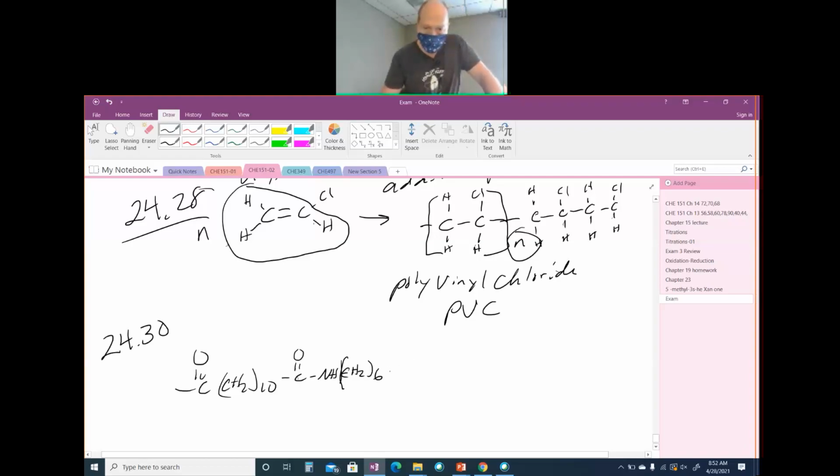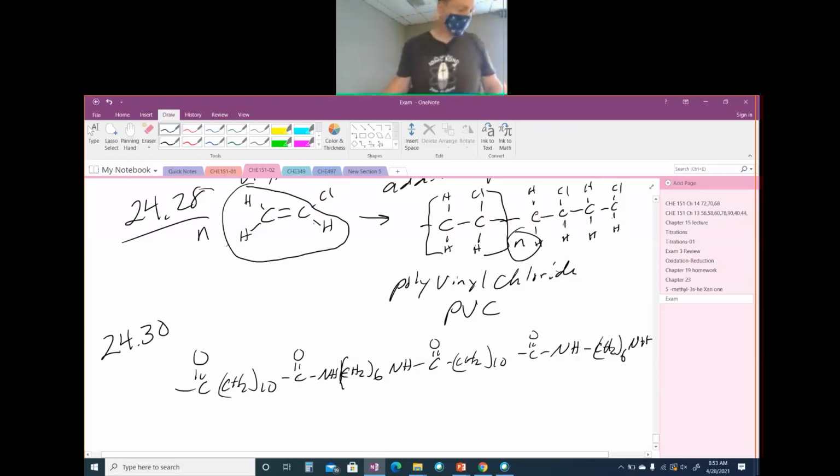And then another NH, and then a C double bond O, CH2 sub 10. So now it's repeating. We're doing repetition, and then a C double bond O, NH, CH2 sub 6, NH, and then it keeps going this way and the other way.